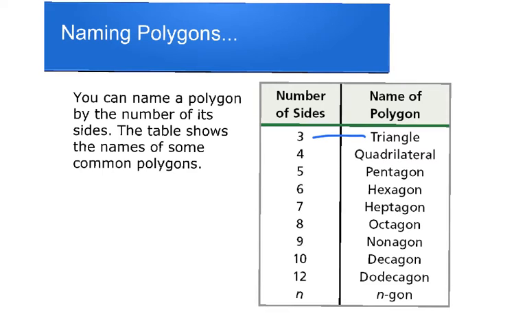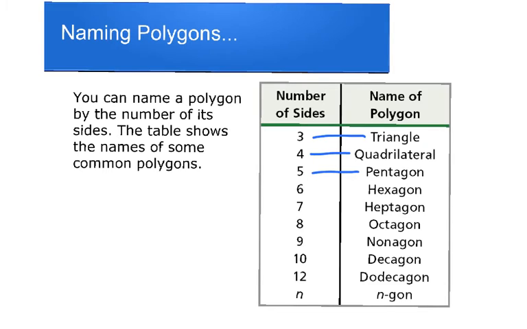We should know that. That's a triangle. 4 sides. It's a quadrilateral. I know there's many quadrilaterals out there, and we'll study those later on. But we're not going to call a 4-sided polygon a square or a rectangle or a rhombus or something like that. For this section right here, we're just going to call it a quadrilateral.